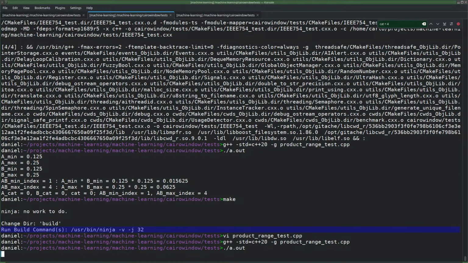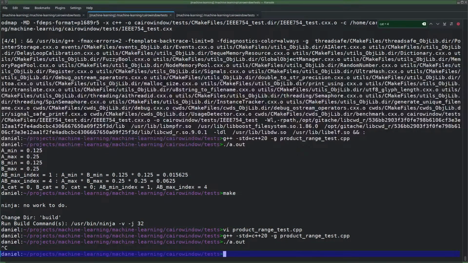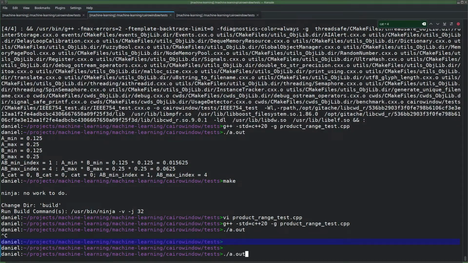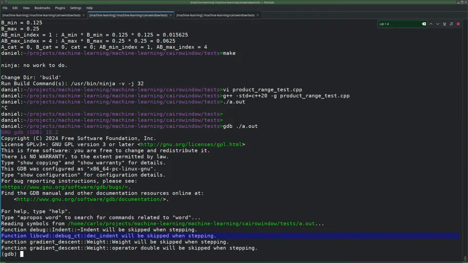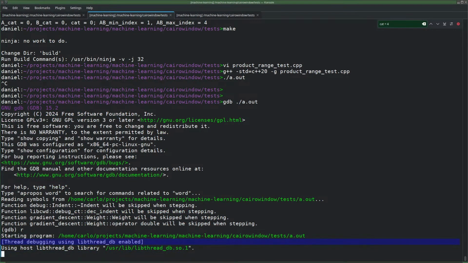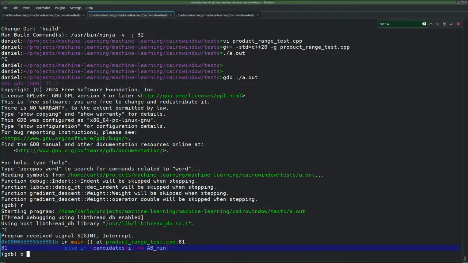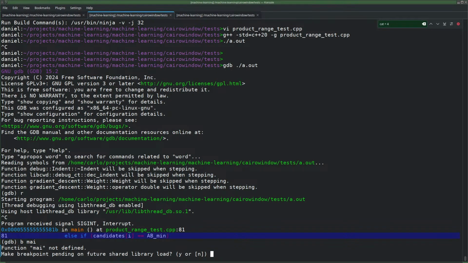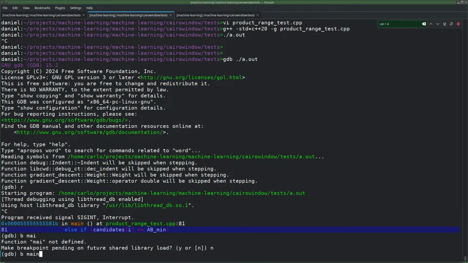Why? It should immediately print something. Well, maybe not immediately, but pretty damn fast. Break main.